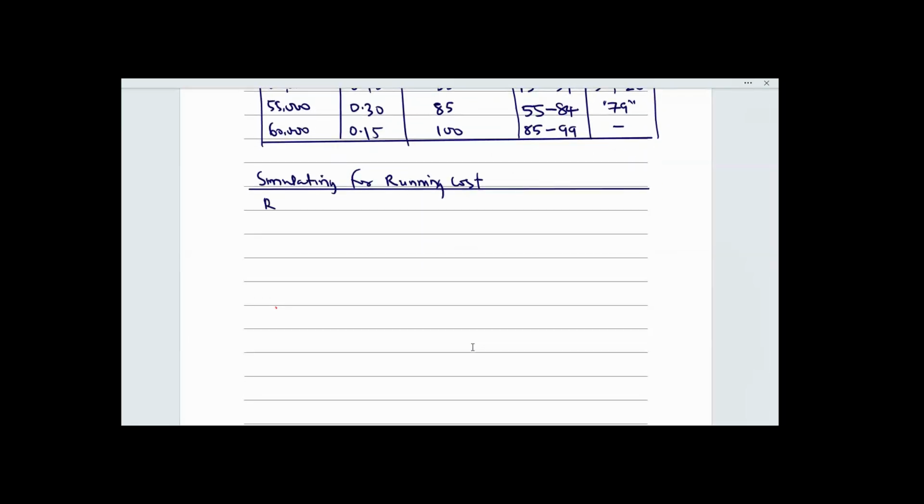Here will be running costs, probability, cumulative of probability in percentage, then random allocation and random number.